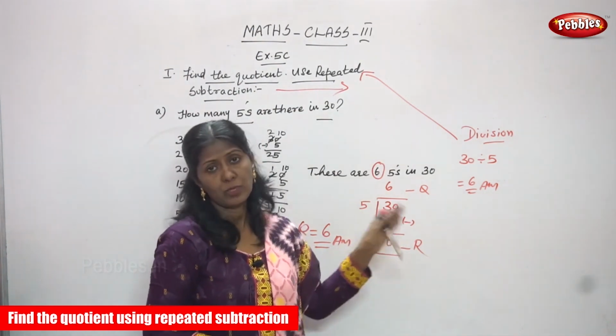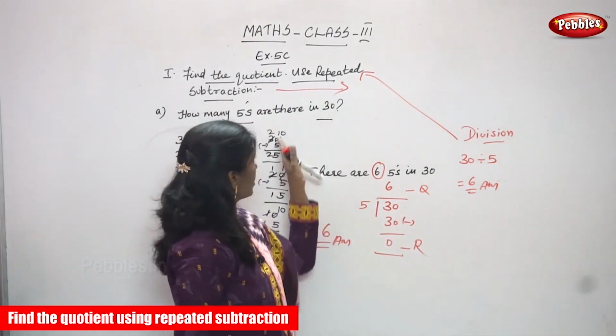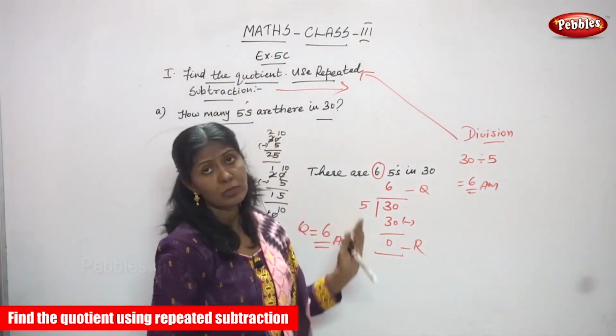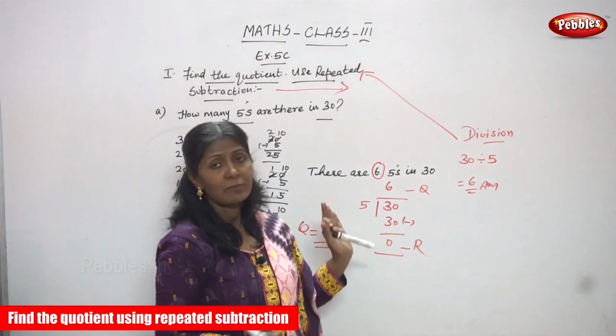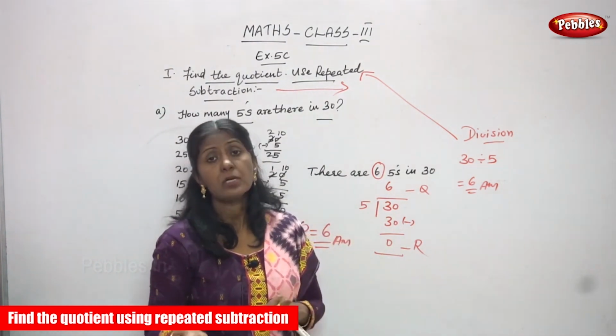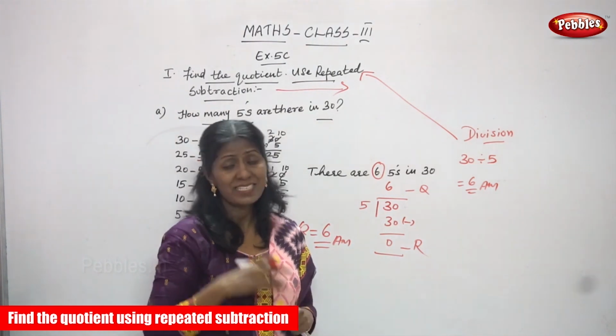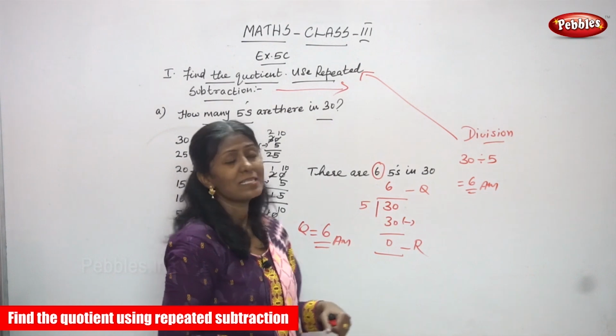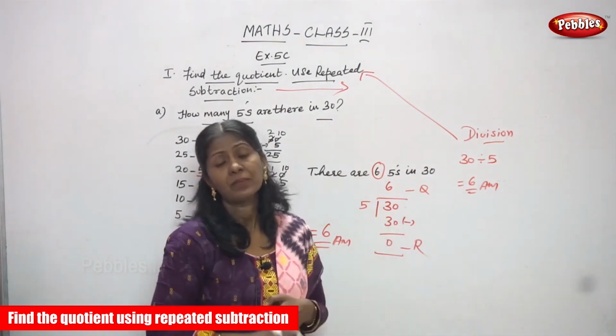Actually you have to use only repeated subtraction because the question gives only repeated subtraction, but you can do both methods. If you take both methods, you get the quotient 6. There is no doubt.